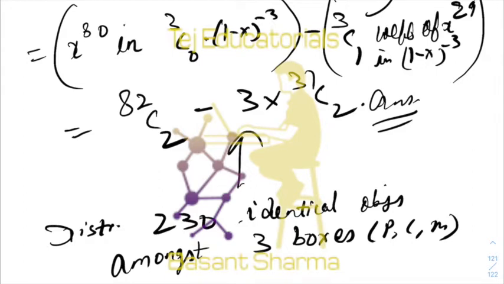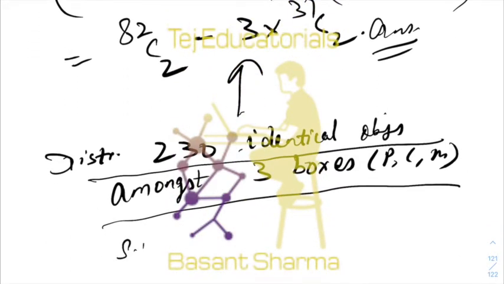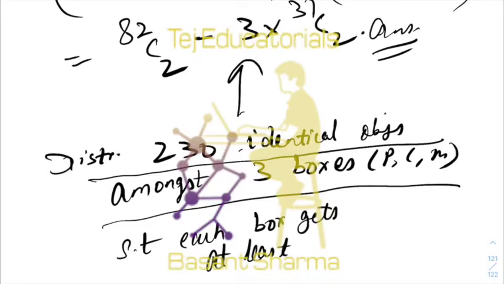That's why you can think of it as distributing 230 identical objects amongst 3 boxes such that each box gets at least 50 objects.